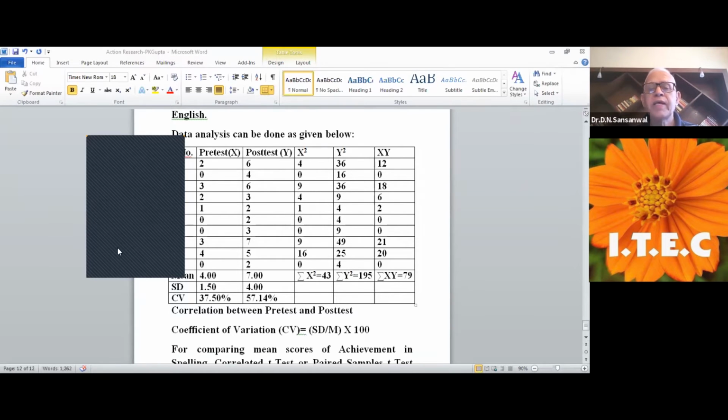It is 36 plus 16 is 52 plus 36 plus 17 plus 58 plus 29. Oh no, I made some mistake.